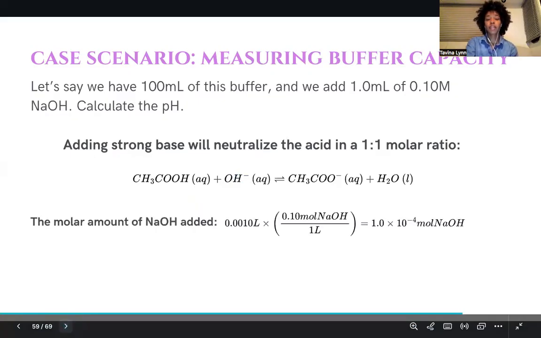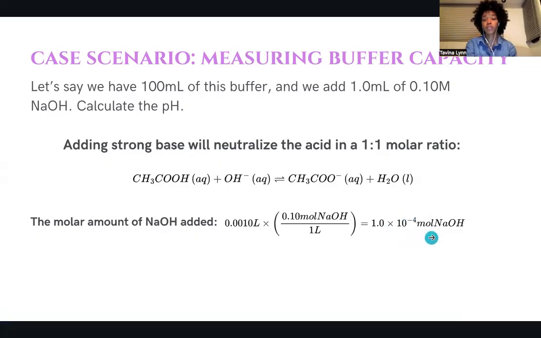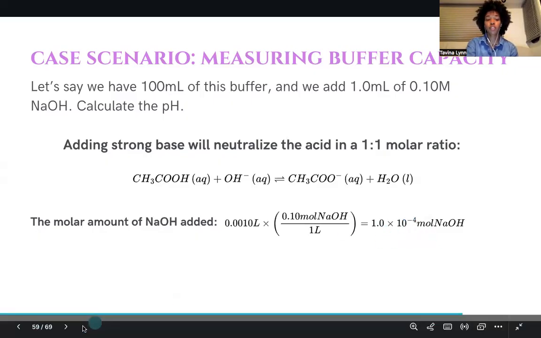So to calculate the molar amount of sodium hydroxide that's added, we're just going to multiply the volume of sodium hydroxide that we add times its concentration. And we see that we have 1 times 10 to the minus 4th moles of sodium hydroxide.